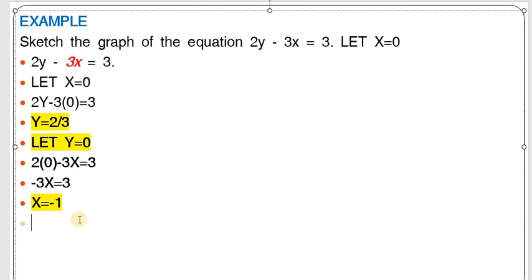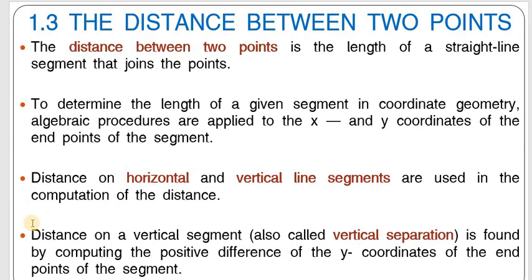So ፖይንታችን አሁን ሁለት ፖይንት አግኝተናል. ለምሳሌ አንደኛው ፖይንታችን የሚሆነው x 0 ሲሆን, ያ ማለት x አችን 0 ሲሆን ኮማ, what is the value of y? y አችን 3 over 2 ይሆናል ማለት ነው.